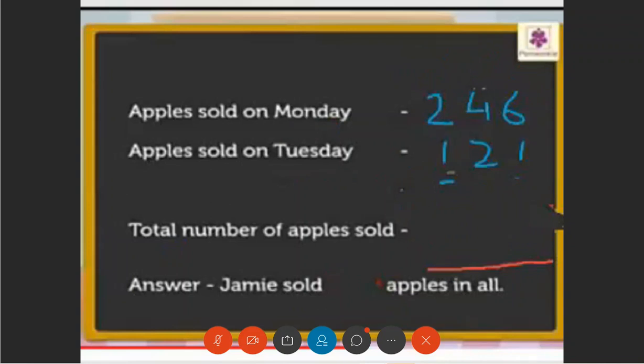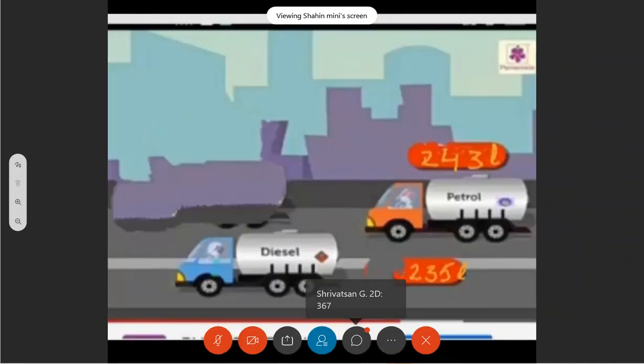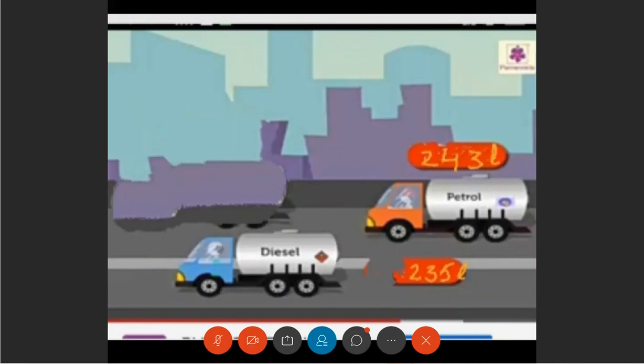Hope you are enjoying the statement sum. Yes, you can see the two of them taking one van. It is having petrol. Okay, small vans are there, containers.